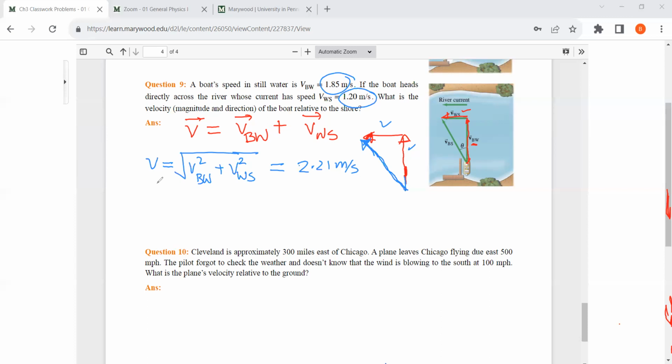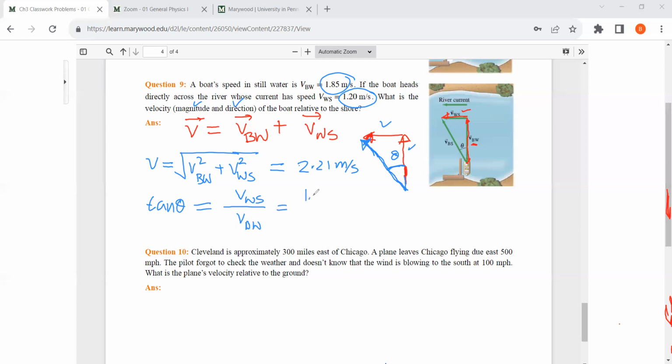Now this is the magnitude. It asks us to calculate also the direction. So how to calculate the direction? Direction means this angle. We can use tan theta because now we know all three sides of this triangle. Tan theta will be opposite, VWS, divided by adjacent, which is VBW.